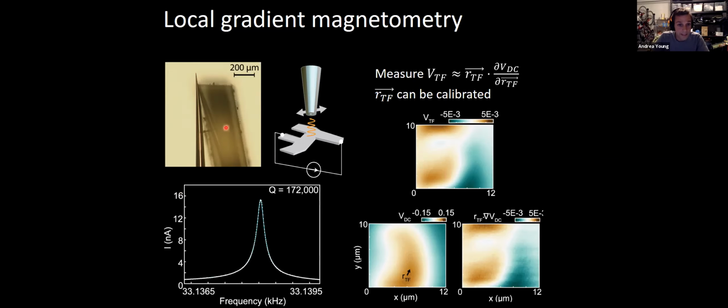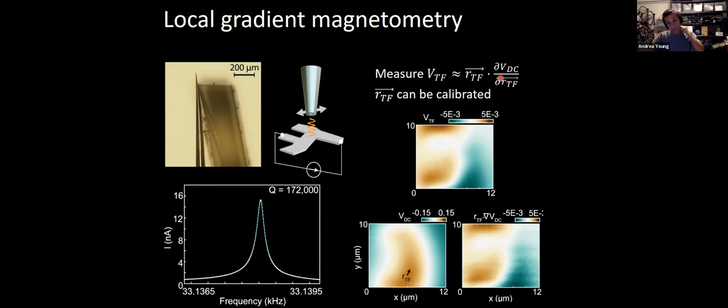The way we do that is that our SQUID on tip is mounted to a tuning fork, like you would have in a digital watch, a quartz oscillator, and you can use an electric stimulation to make the tuning fork, and therefore the tip, oscillate back and forth. You can make these with very high quality factors so that they work very nicely. Also, they provide us topographic feedback so we know exactly how far we are from the sample.